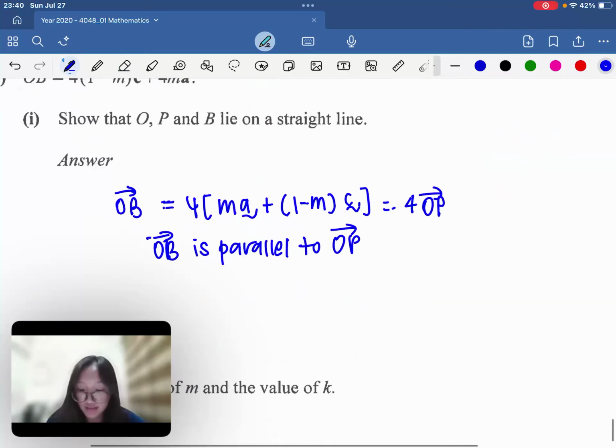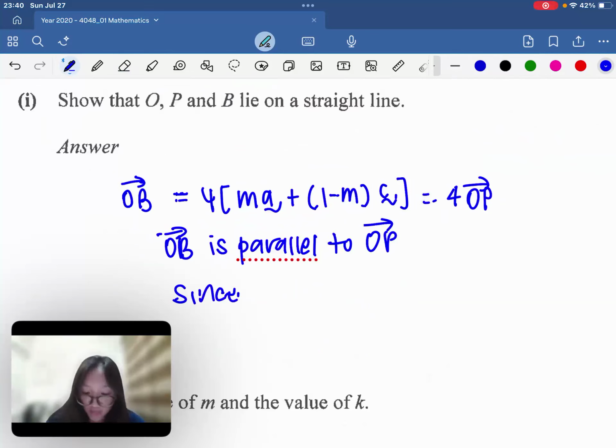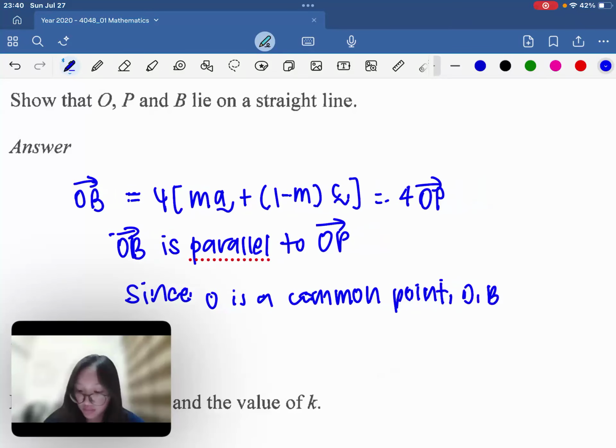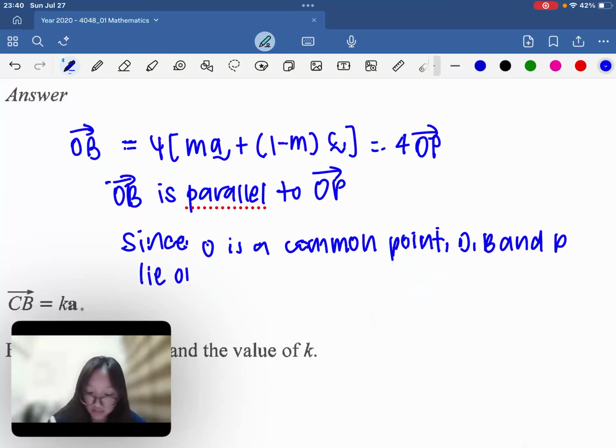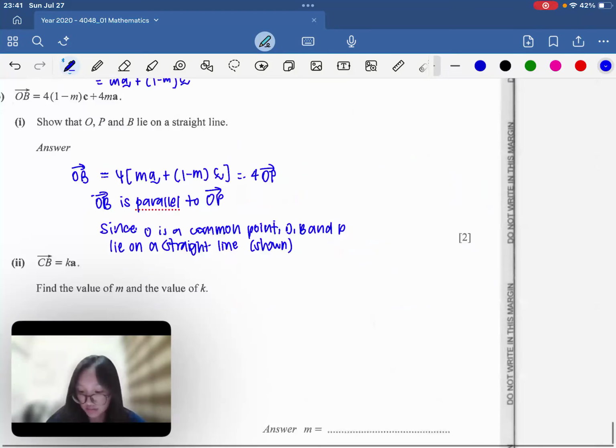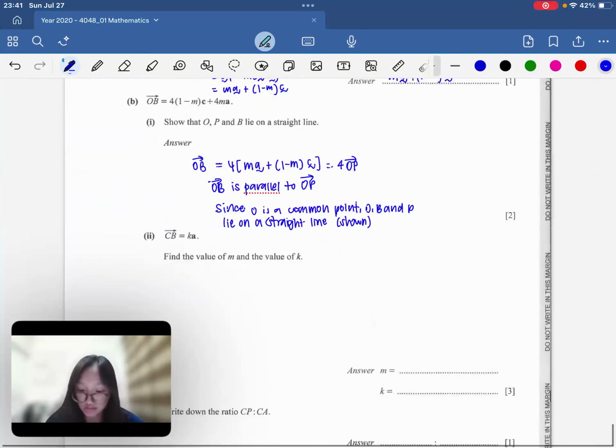Since O is a common point, O, B, and P lie on a straight line. And this is shown. Now we're going to do part 2.